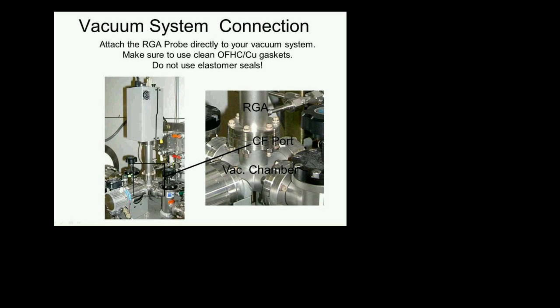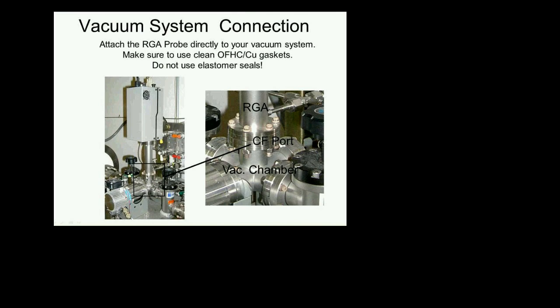All right. So we talked about the probe, what it looks like, what its components are, and being careful with the amount of insertion. I also want to take a minute to talk about when you connect the RGA to your vacuum system, some very important recommendations. On the left, this is the ECU, this is the probe right here, and this is the connection to the vacuum system.